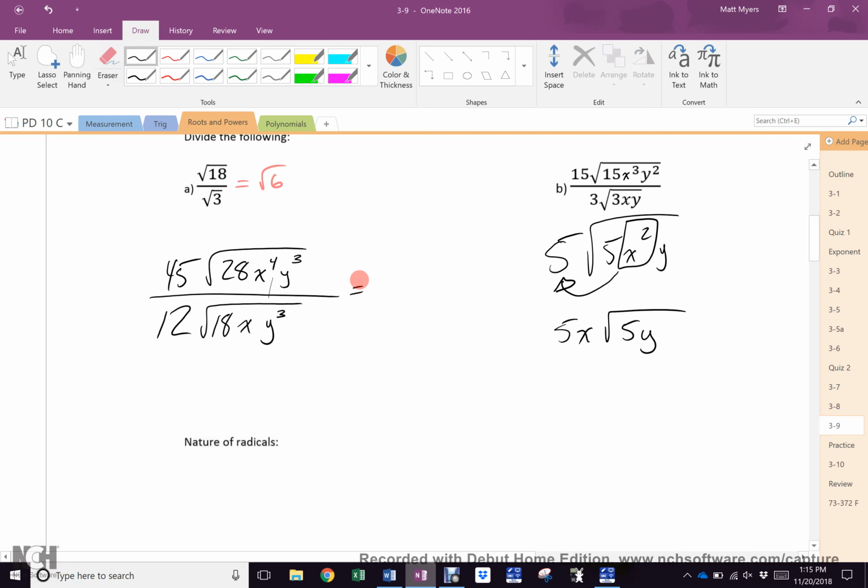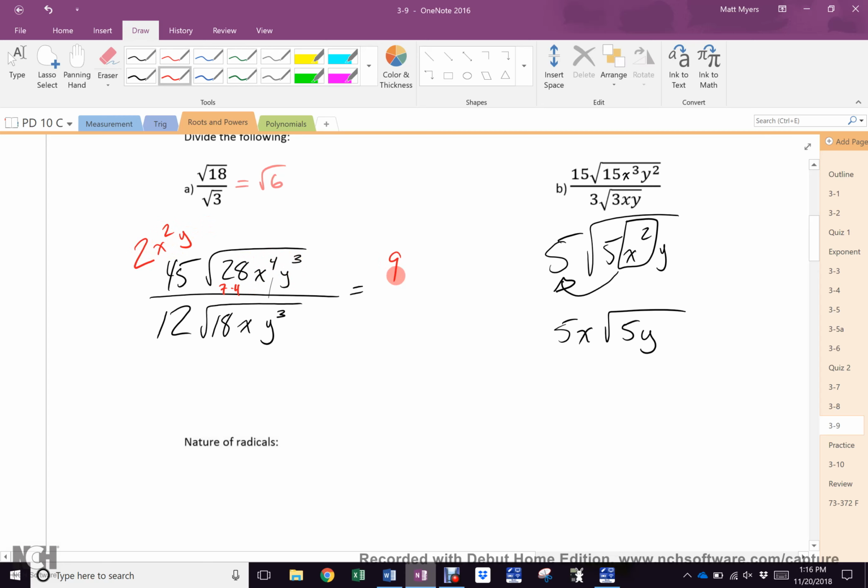If I were doing this question, I would simplify these radicals first. I would say that that is 7 times 4. So what would come out? 2. And any x's? 2 x's. And any y's? 1 y.